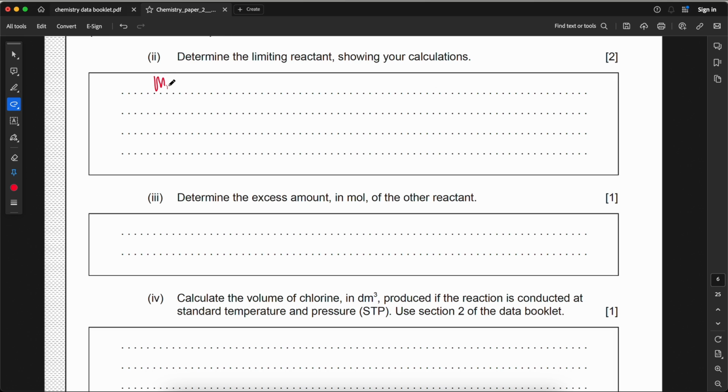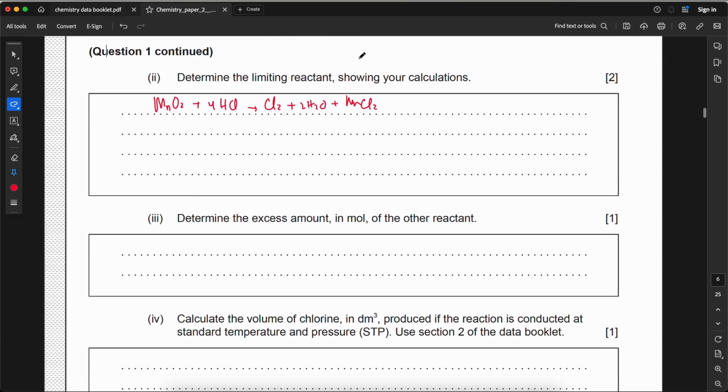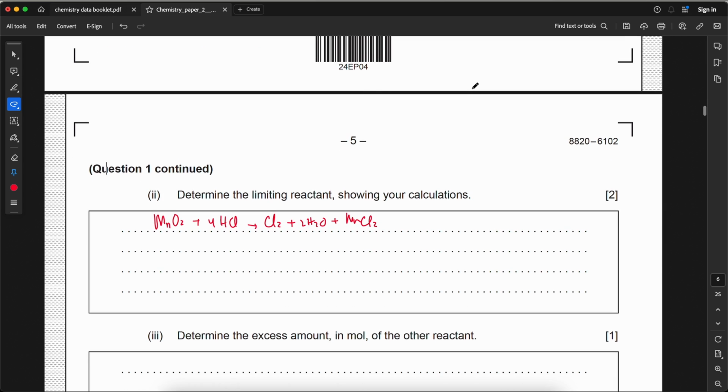This is the reaction: MnO2 plus 4HCl produce Cl2 and 2H2O and MnCl2, the one from here. Okay, I just copy it down. So MnO2 and HCl, which one is the limiting reactant? From the previous question, we can calculate mole of HCl because volume and concentration are known.